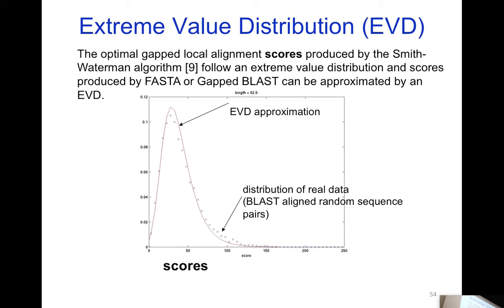So I'll go over that one more time. Here in red we have the extreme value distribution. The peak means that most of the scores for a given sequence length will have a value around 40 to 50.